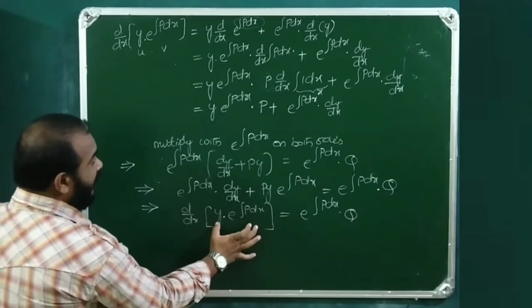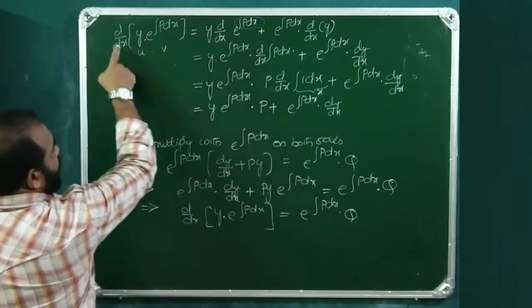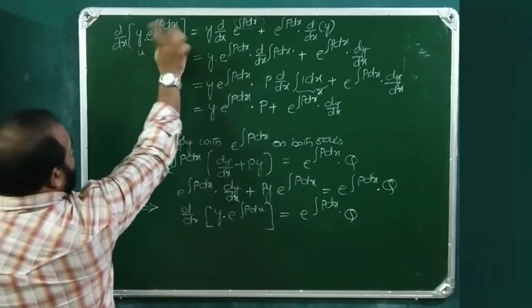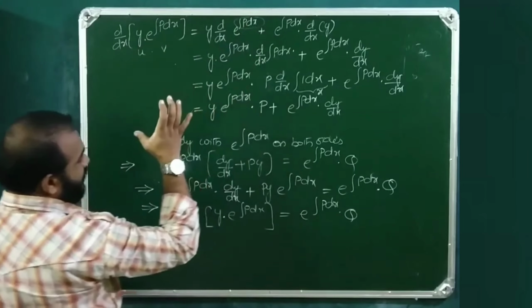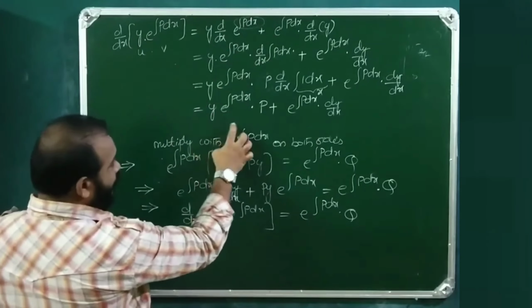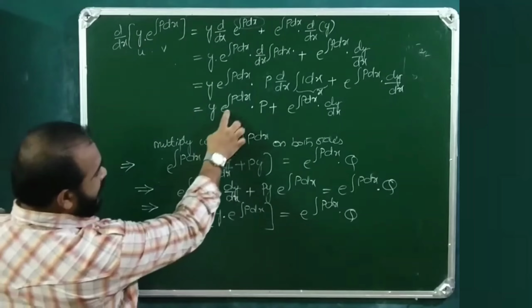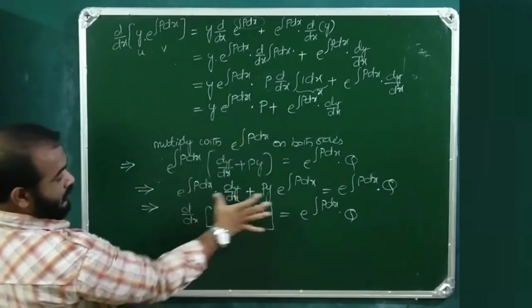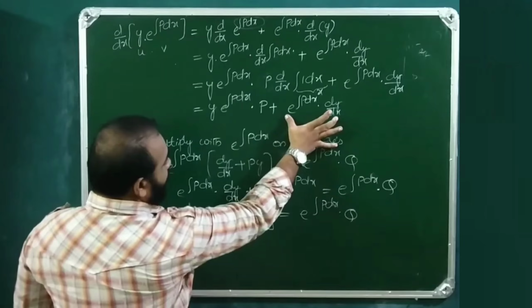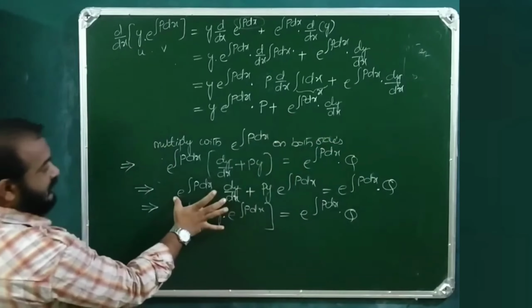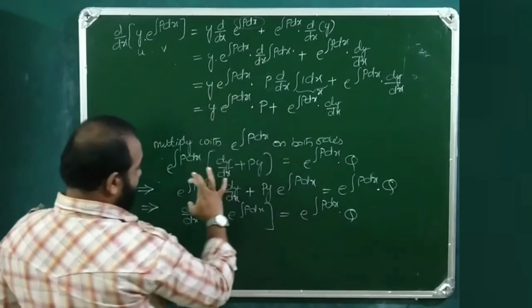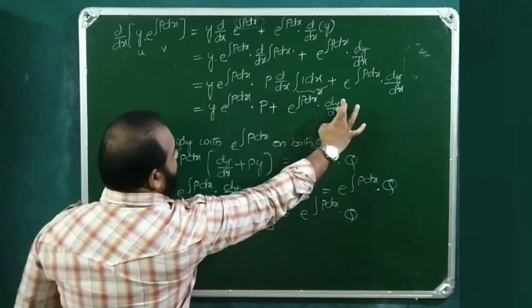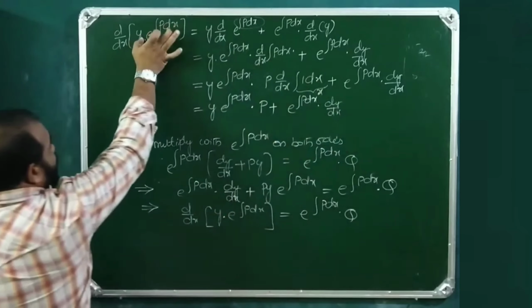The reason I have explained here: d by dx of y into e power integral p dx is this. Therefore y into e power integral p dx into p, that is this, plus e power integral p dx into dy by dx is this. So therefore this can be transformed with this or not?